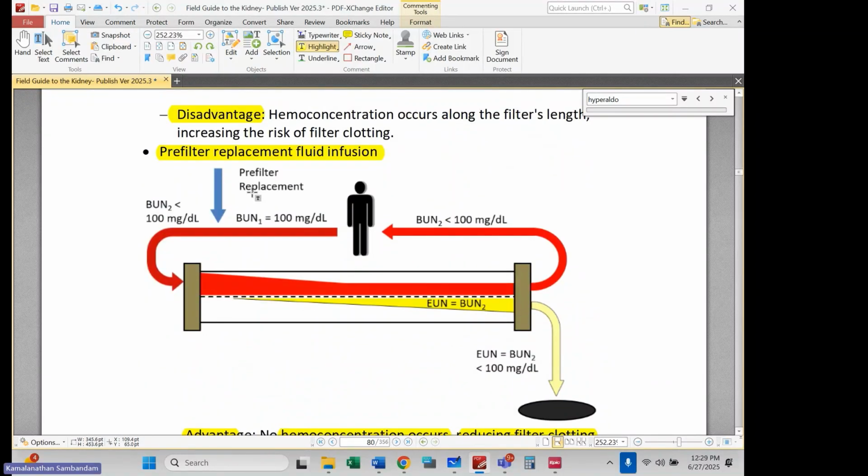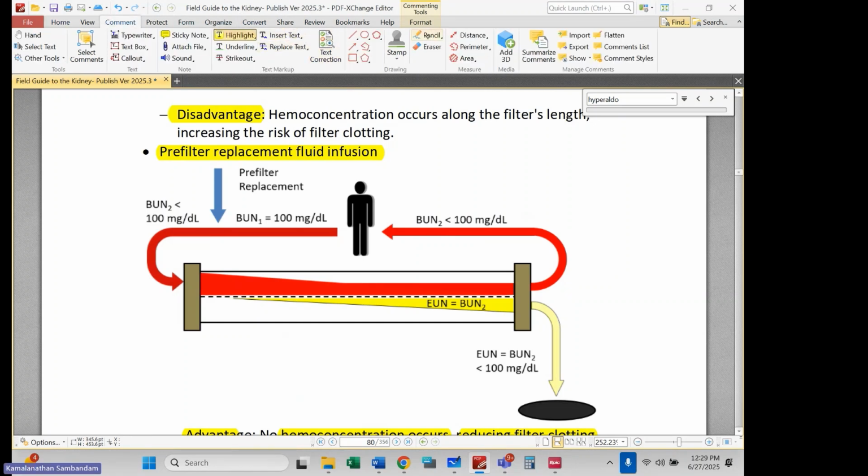When I'm doing pre-filter hemofiltration, I'm putting in fluid at a rate of, let's say, 20 mils per minute. I'm pulling that same 20 mils per minute off, okay? Okay, I'm pulling 20 mils per minute off. I'm putting in 20 mils per minute.